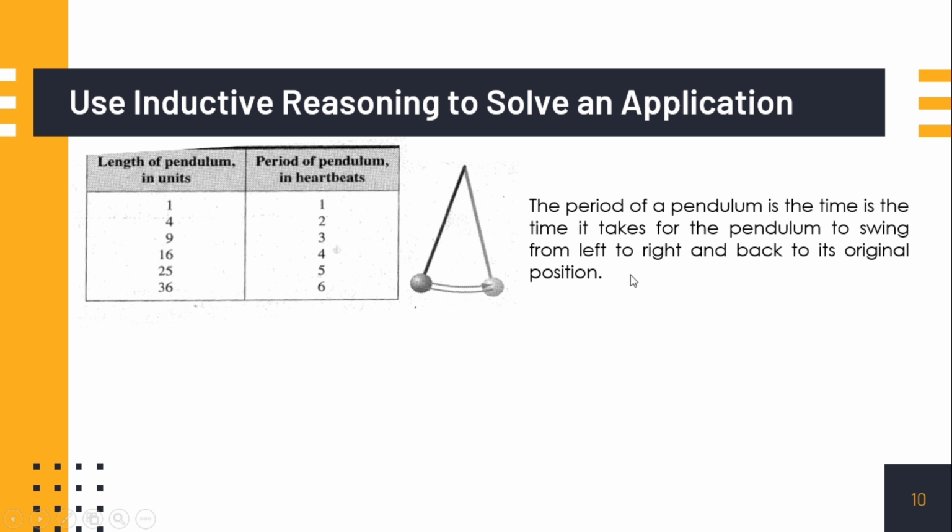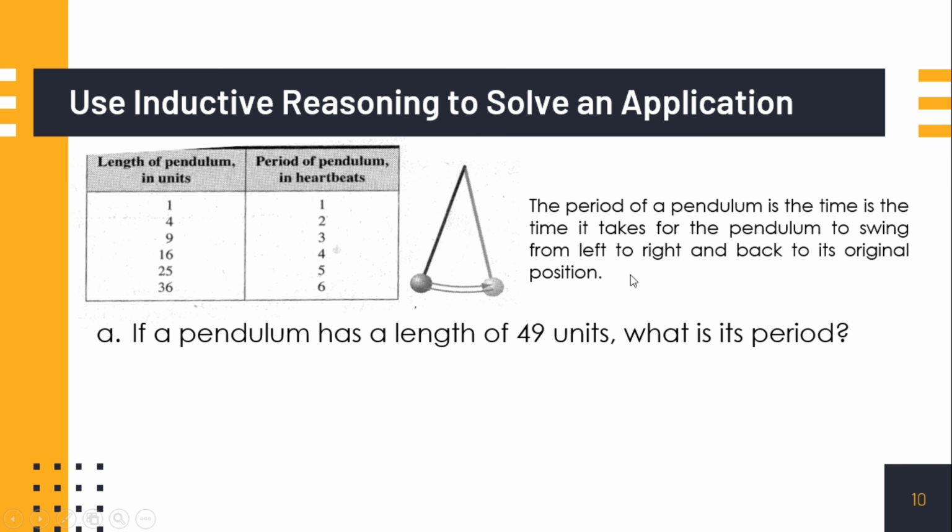Let's try to answer the following questions. Number 1: if a pendulum has a length of 49 units, what is its period? First, observe our data, the period of the pendulum in heartbeats and the length of the pendulum in units. If we have a period of 1, we have 1 unit.